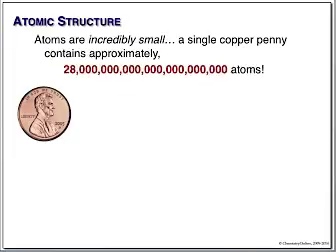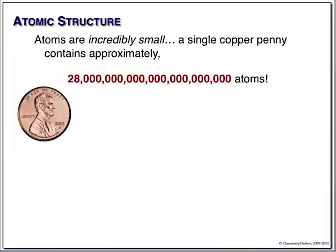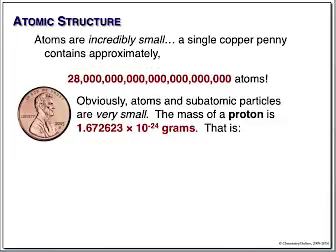Atoms are incredibly small. If you could find a real copper penny, that copper penny would contain roughly 28 sextillion copper atoms. Phenomenal number. They're obviously very, very small. The mass of a proton in the nucleus is about 1.67 times 10 to the minus 24 grams.